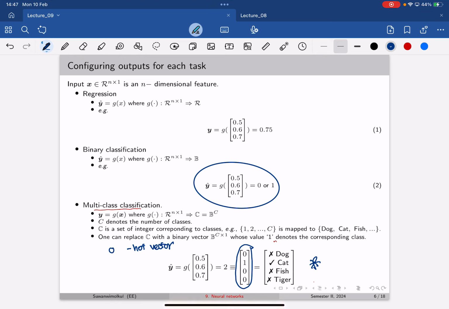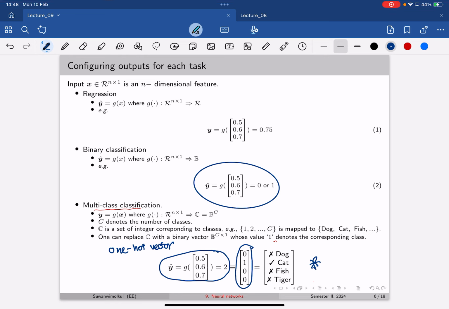One-hot vector is a vector that has only a single coefficient with value 1, and the rest have value 0. We can use it to represent a class where, for example, the output of this classifier should be in class 2.